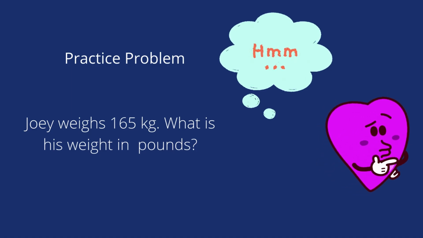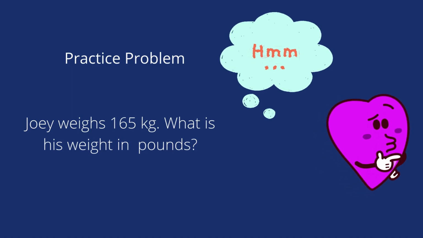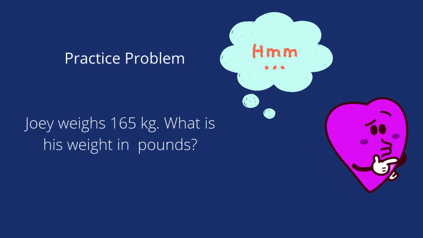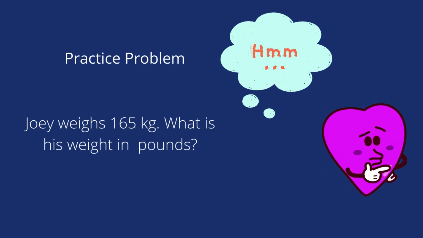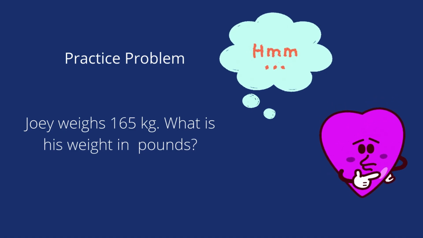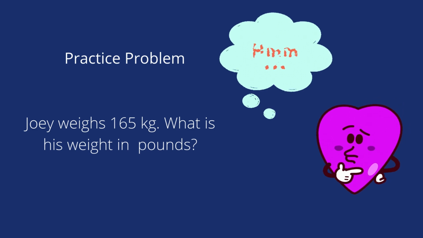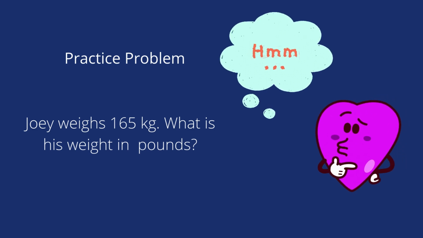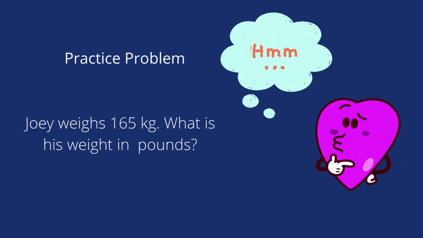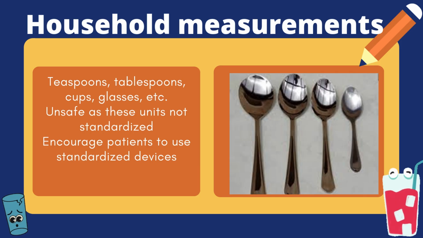So his weight will end up being, the answer is 363 pounds. Okay. So that's an example of how to do your weights, getting kilograms and pounds. So this is a vital skill for medical math in nursing, to be able to do that conversion.